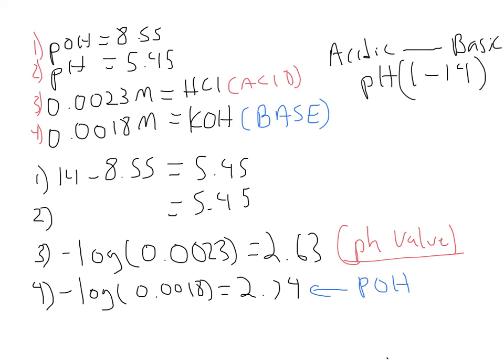And we know how to find the pH value from the pOH value. You just do simple algebra. 14 minus pOH equals the pH. So what is 14 minus 2.74? 11.26.